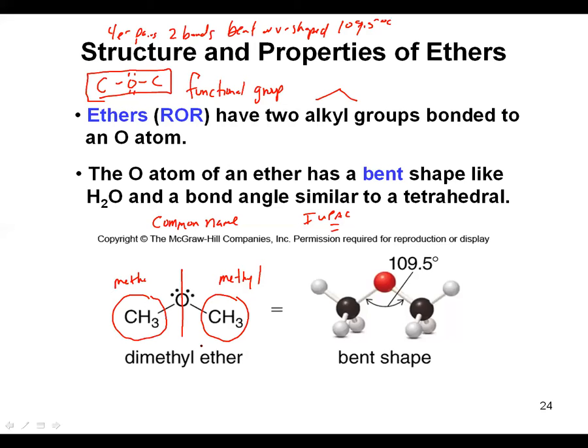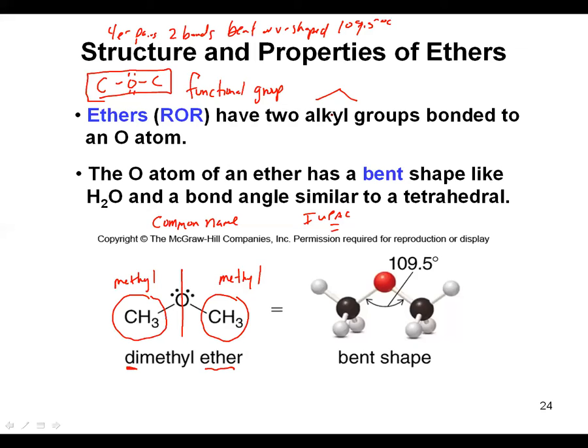Like anything else that we name, when you have two of the same group in the compound, we use dimethyl, and then you simply put ether at the end. So the common way of naming an ether is pretty simple. You find the oxygen, you go right, you go left, and then you put the groups in alphabetical order if there's a difference, and then you simply put ether at the end of it.